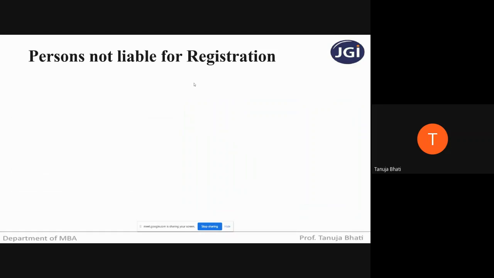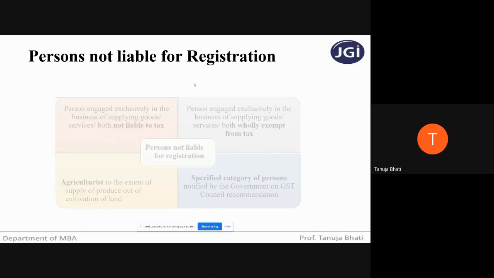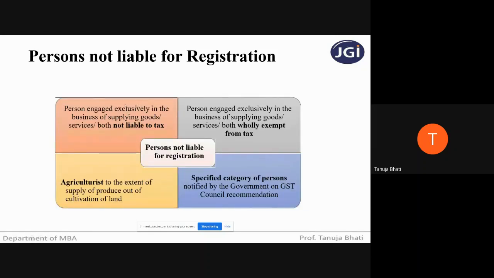Next, persons not liable for registration. So, who are the persons who are not required to get themselves registered under GST? First, persons engaged exclusively in the business of supplying goods or services or both, which are not liable to tax. So, what does this mean?